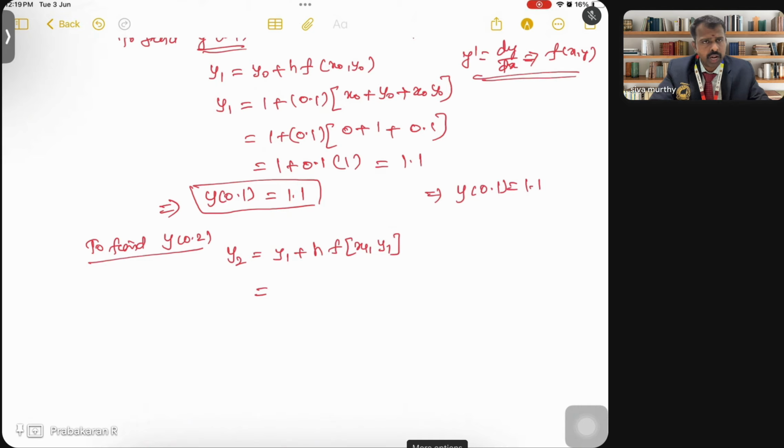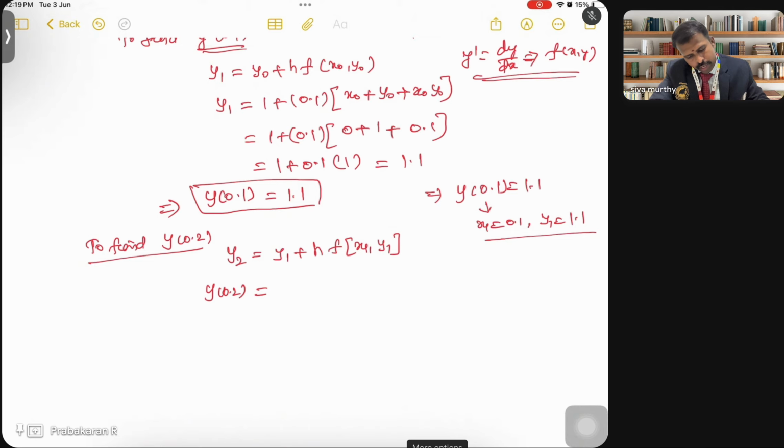All understand these values, right? Yes, I hope all understand this. Listen, so x1 equal to 0.1 and y1 equal to 1.1. Then you are going to substitute these values here, right? Then we get y of 0.2. Dear students, all understand this? Yes, y of 0.2, right?